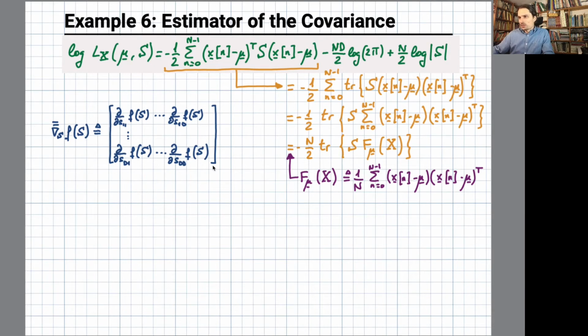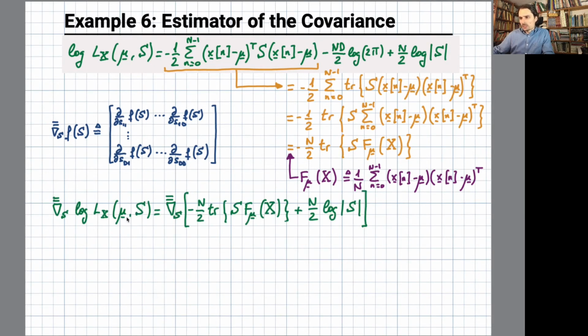Okay, so our matrix of derivatives can be written in this way, right? So this is the first term. The second term does not depend on S, therefore it can be ignored, and this is the third term. Okay.